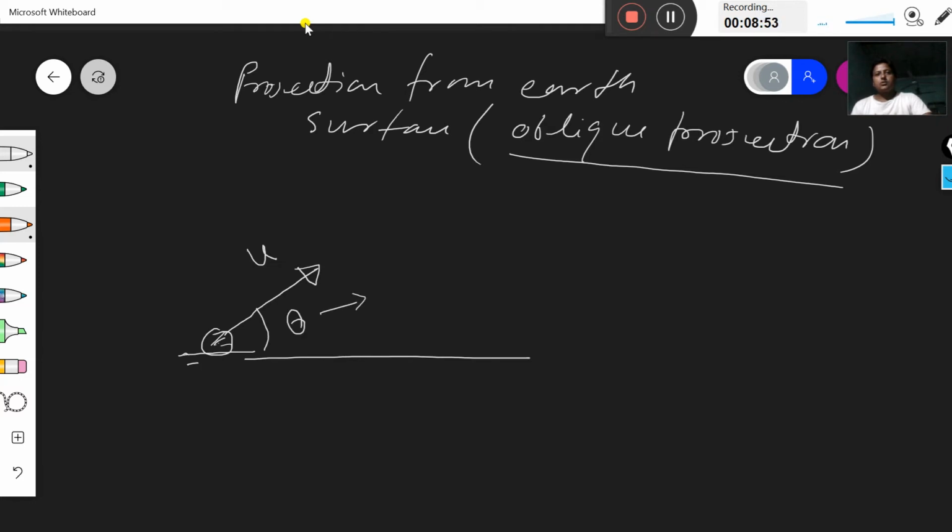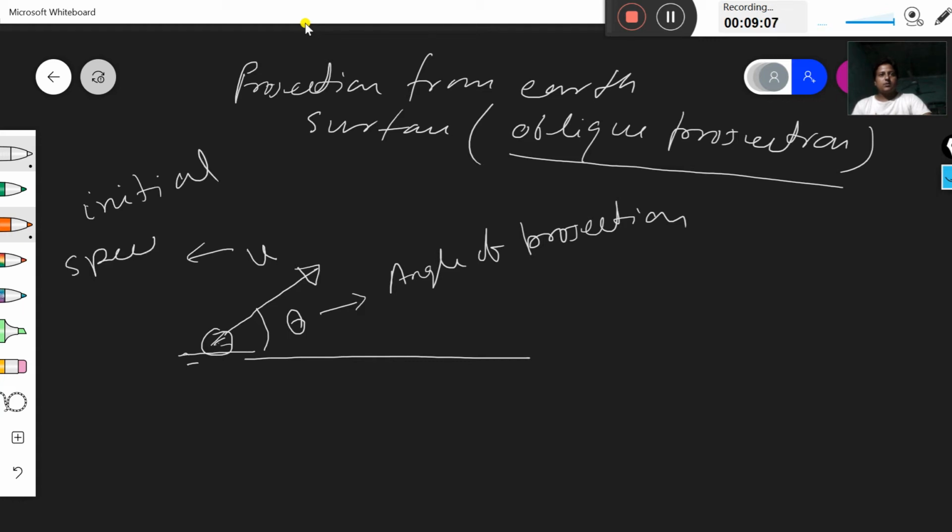This angle is known as angle of projection. This speed is known as initial speed of projection, and this one is our Earth's surface, and gravity acceleration is g.